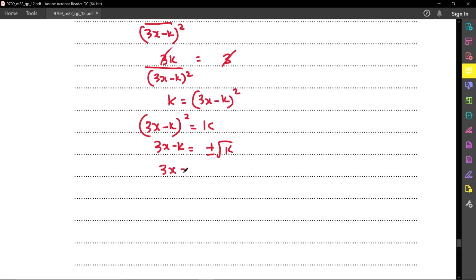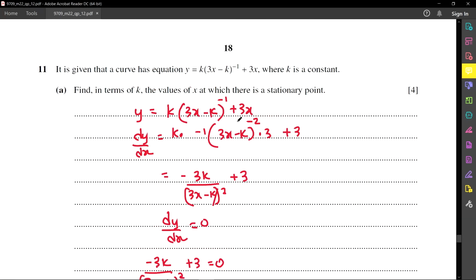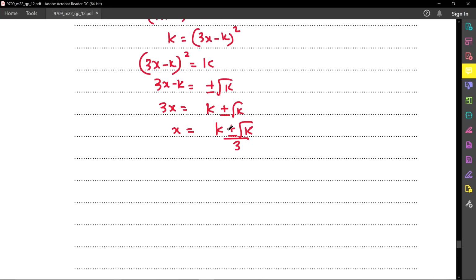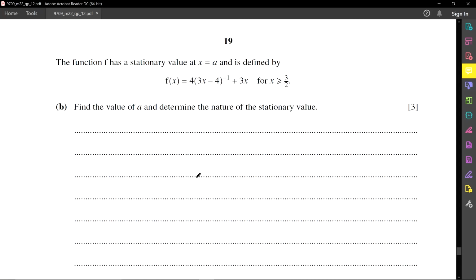So 3x equals k plus or minus root k, and x equals (k plus or minus root k) by 3. k is a constant, so in terms of k you definitely get two values of x. This is how you find the solution for this question. The function has a stationary value at a.